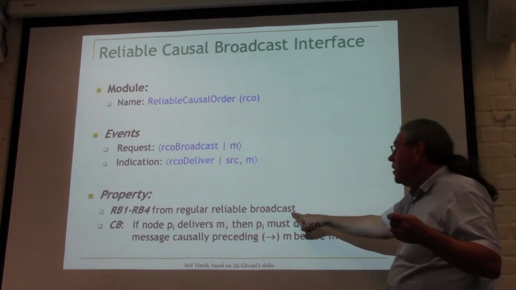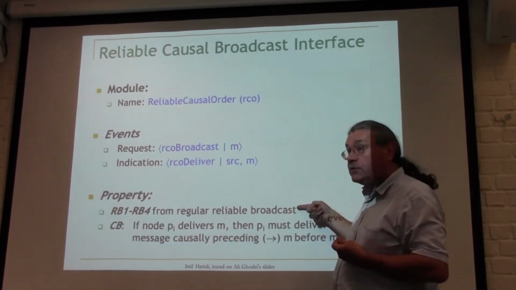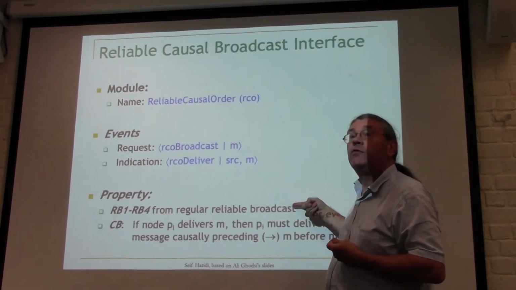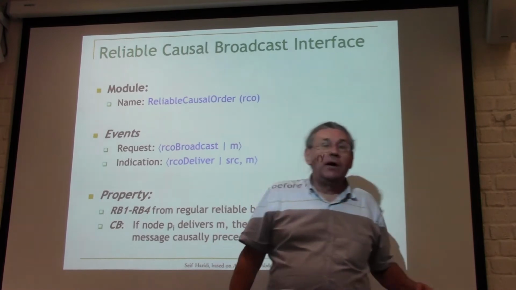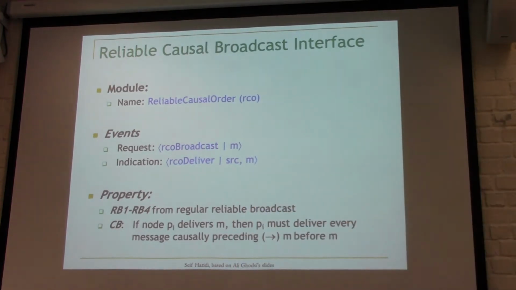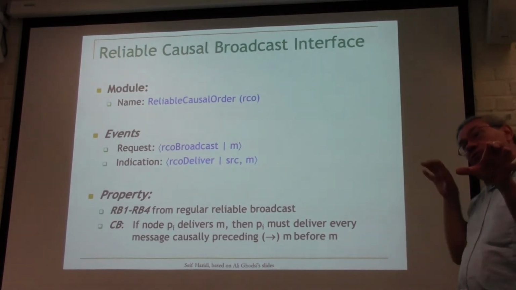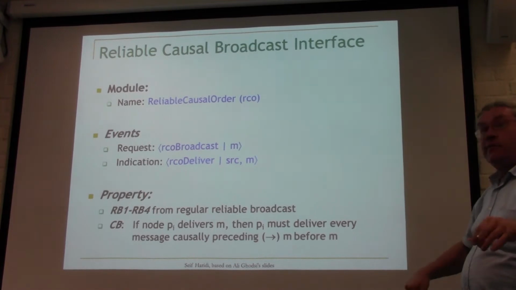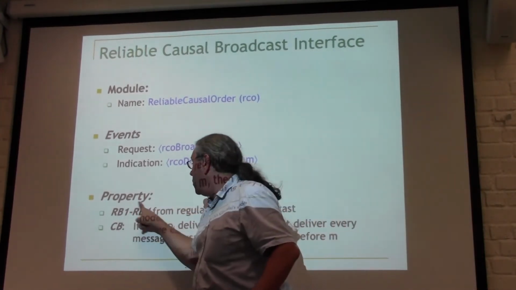We're going to take the four, RB1 to RB4, the four properties of the regular reliable broadcast. And we just add CB to that. How come that is very modular, huh? We divide the specification into pieces, we keep the old one, we just add something to it. That's very nice, right? We don't have to tweak these guys at all, we just keep them.